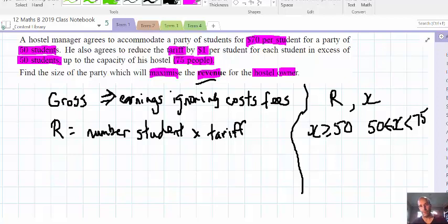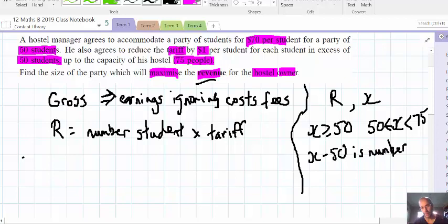So we need to work out the number of students in excess of 50. In other words, an expression. We'll have X minus 50 is the number of students in excess of 50.